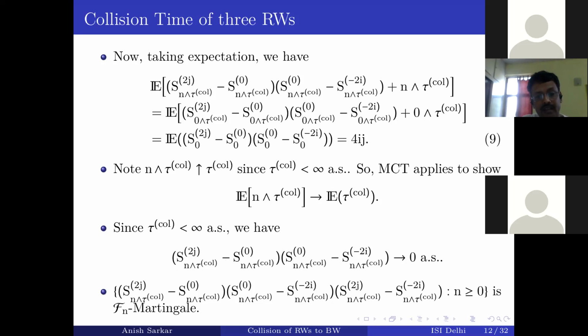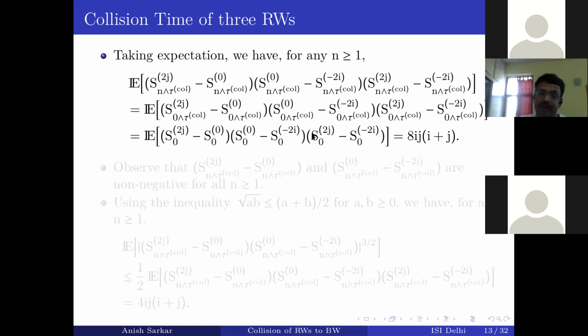So the second martingale: I am now saying that not only is this a martingale, but the tau collision part also is a martingale. So again, the expectation will remain the same.